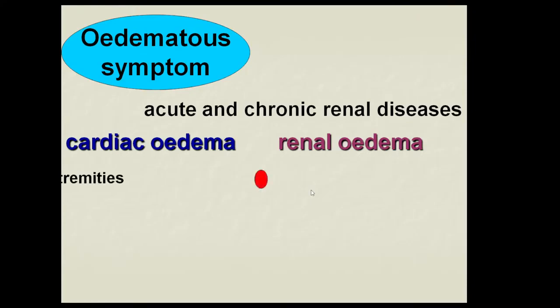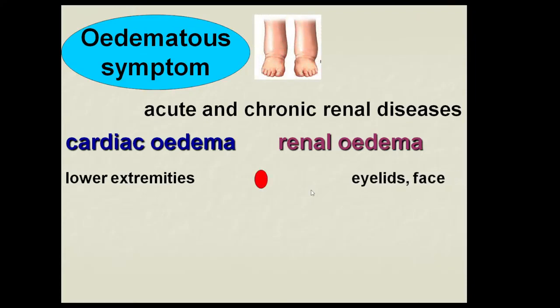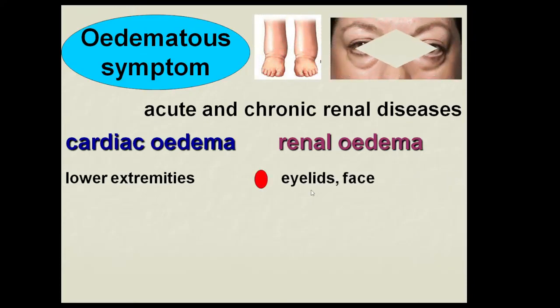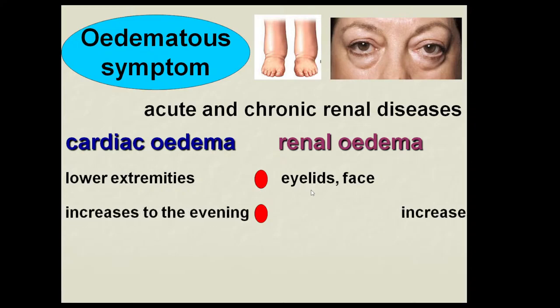It is possible due to location. Heart edema starts from the lower extremities, from the legs. Renal edema starts from the face. First of all, edema localizes near the eye. We see eyelid edema. Cardiac edema intensifies toward the evening, renal edema toward the morning.